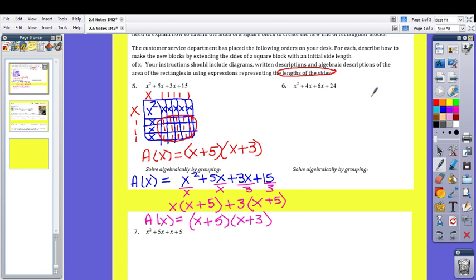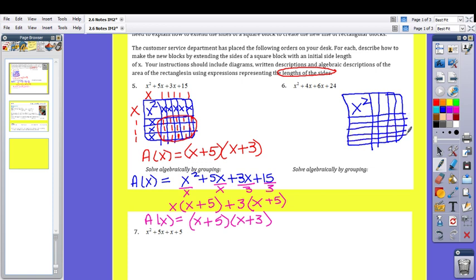We have x squared, and on one side you have 4 x's: 1, 2, 3, 4. On this side you have 6: 1, 2, 3, 4, 5, and one more. So then we will be getting 4 x's and 6 x's.